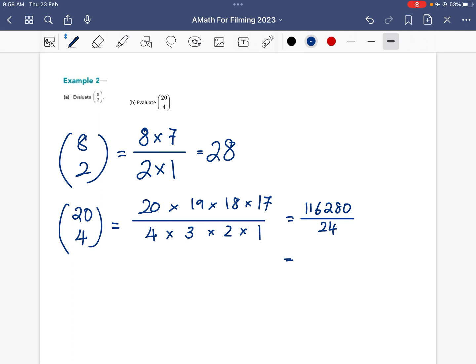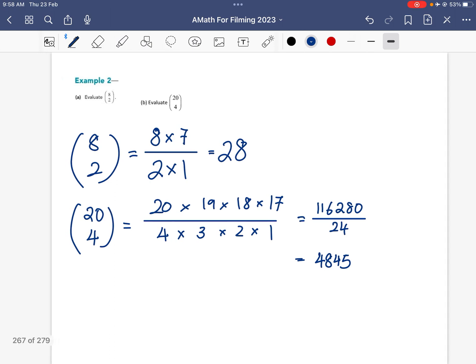So 20 choose 4 in this case gives me the final answer of 116,280 divided by 24, which is 4,845. So basically, you have 20 items to choose from, and you want to choose 4 out of this 20. There are 4,845 ways to choose 4 items out of a total of 20 choices.